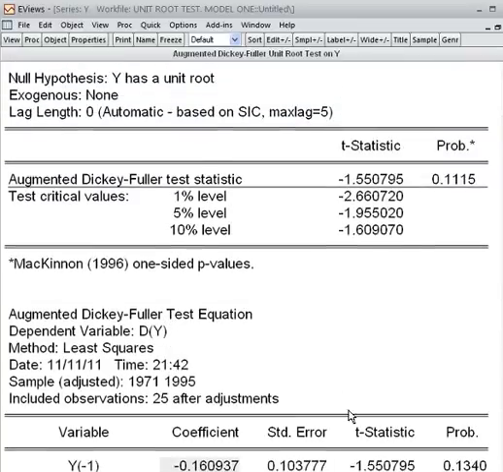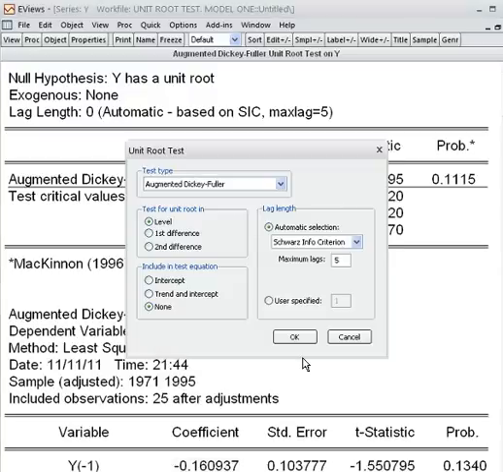Our decision is that at level, these three models of the augmented Dickey-Fuller test are telling us that y has a unit root. So what is meant by unit root? The variable is not stationary.